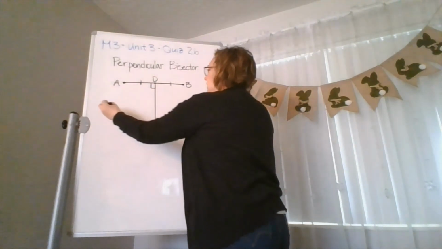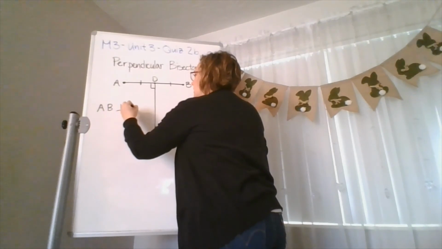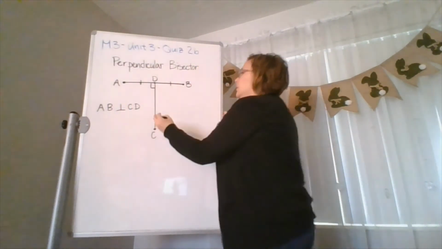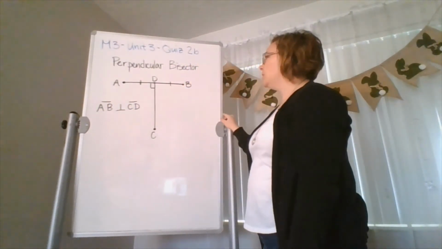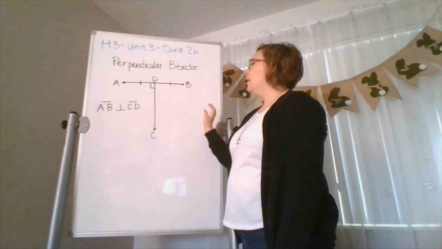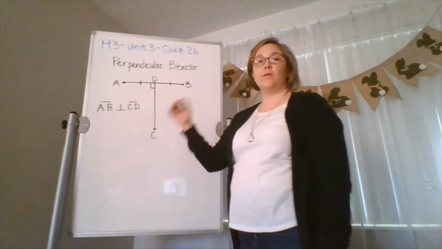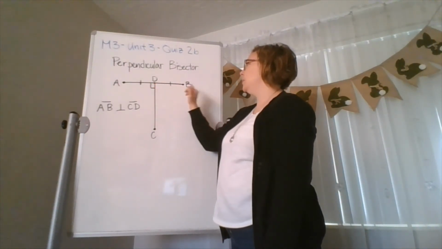So CD and AB are perpendicular. This little symbol means perpendicular. So these two line segments are perpendicular to each other. Again, they meet at a right angle, and CD splits AB perfectly in half so that from A to D is the same distance from D to B.